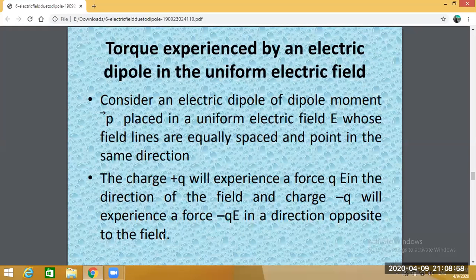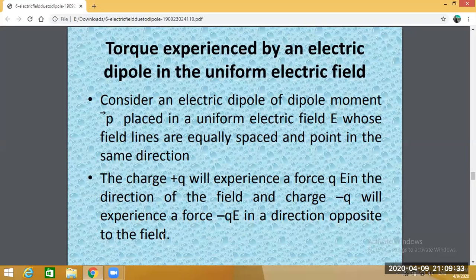The importance of a couple of force is that although it does not produce any translational or linear effect, that means a couple of force cannot produce linear motion in an object, because a couple of force is a pair of equal and opposite forces, so the net vector sum of these two forces is 0, and hence they produce no linear motion on any object when applied on it.